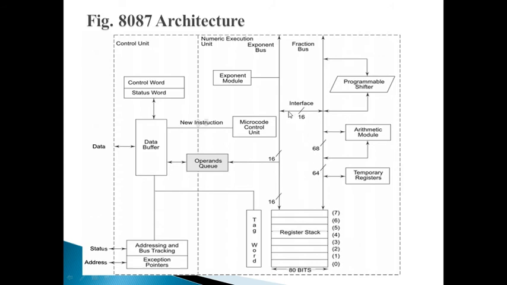Here we can see the buses connecting these units: 16-bit bus, 68-bit bus, 64-bit bus, 16-bit, etc. This bus is used for the exponent and this bus is used for the fraction. The operand is always transferred in two parts, the exponent of 16 bits and the fraction of 64 bits. So let us see the details about this.